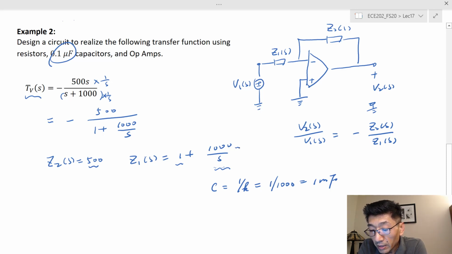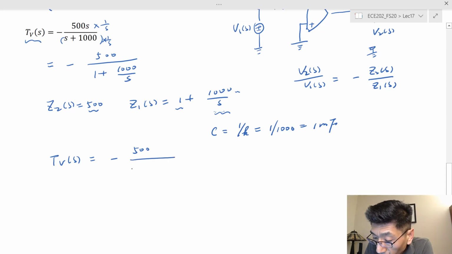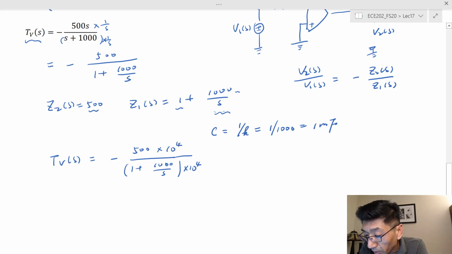is equal to 10 meg, which is 10 to the power 7th. So we need to multiply. What I do is I multiply TV, that's equal to negative 500 divided by 1 plus 1,000 over S. I multiply both sides by 10 to the power 4th.